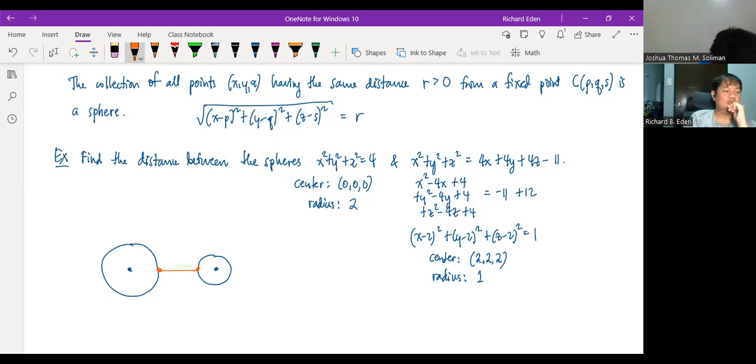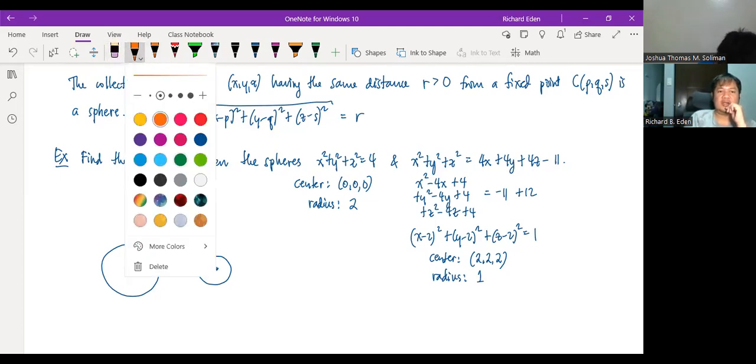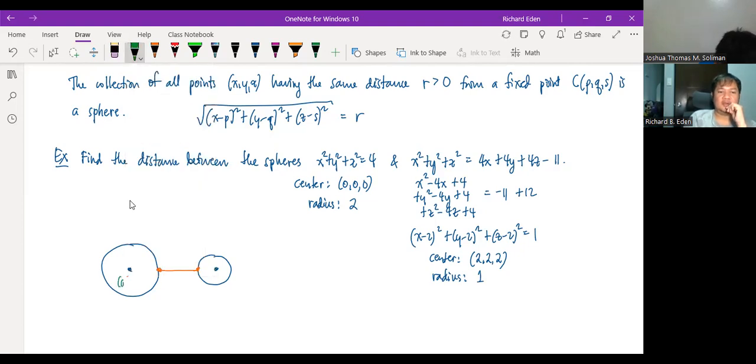And well, we know the centers, right? The centers are in green, 0, 0, 0, and 2, 2, 2.